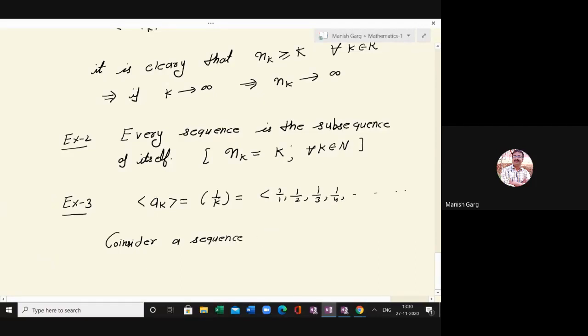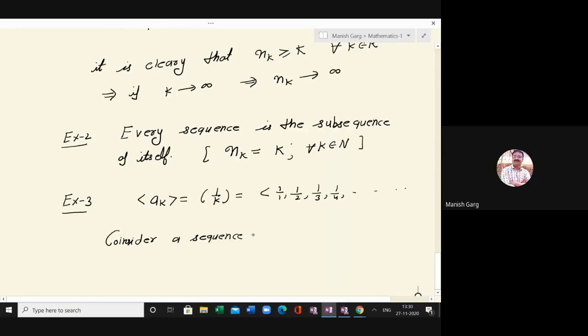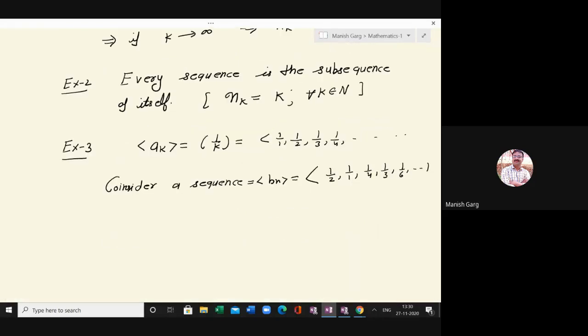Suppose this sequence is Bn. Terms of this are 1 by 2, 1 by 1, 1 by 4, 1 by 3, 1 by 6, like that. So the question is, is Bn a subsequence of ak?